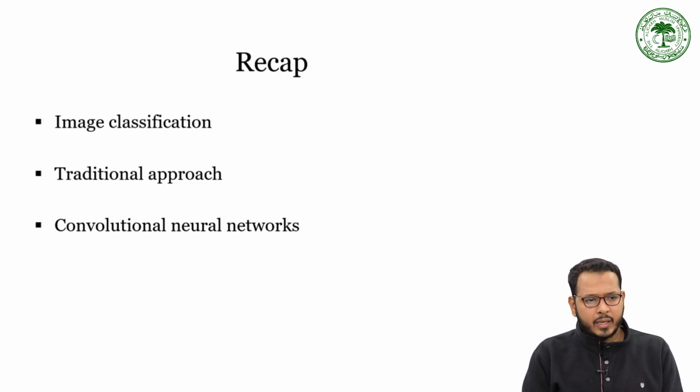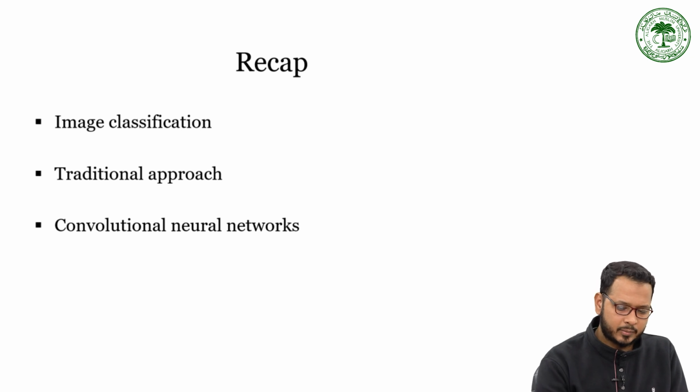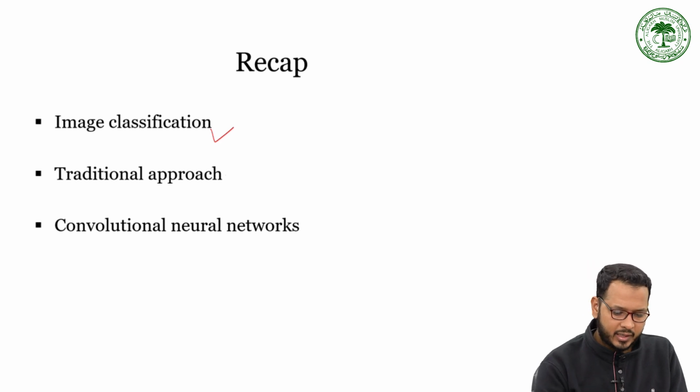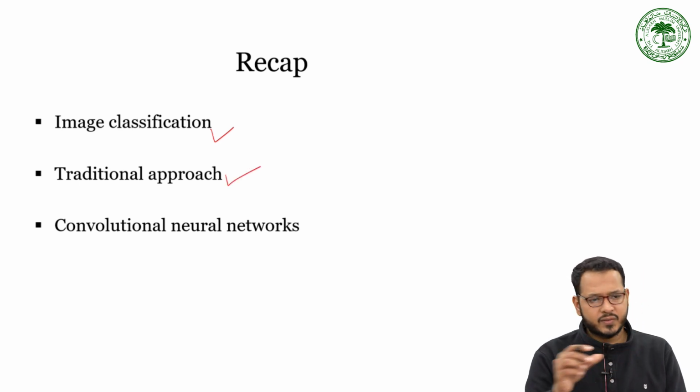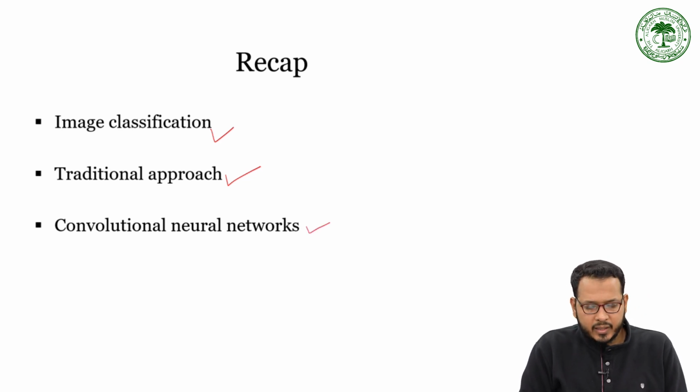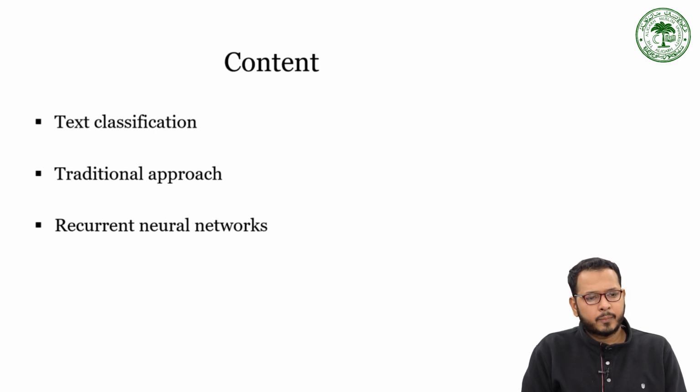As a quick recap, in the last lecture we talked about what we mean by image classification. We saw the traditional approach where pixels are arranged in a certain way, and then we saw the convolutional neural network based deep learning approach where images can be supplied directly to the model.